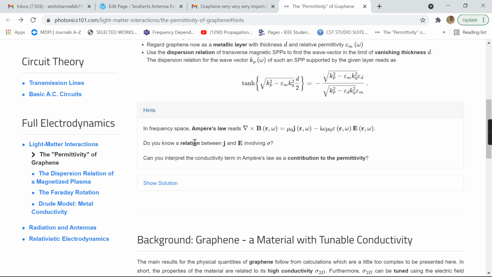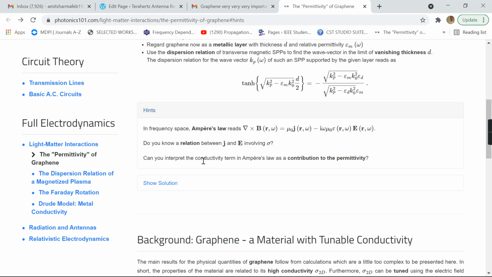Now they are asking, do you know a relation between J and E involving sigma? As we know, current density J and electric field intensity E are related by sigma through a simple expression J equals sigma into E. So can you interpret the conductivity term in Ampere's law as a contribution to the permittivity? This is the hint they have given. Quite fair.